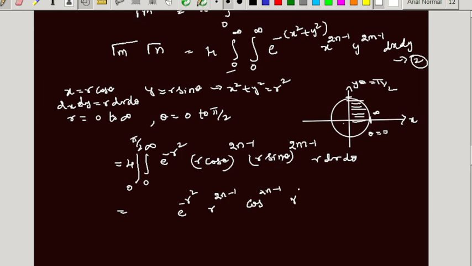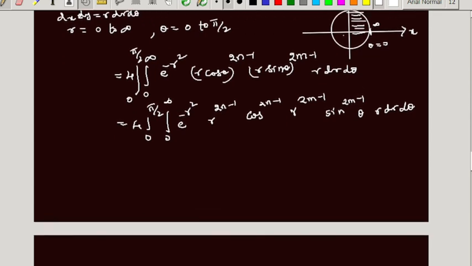Similarly, r power 2m minus 1 into sin power 2m minus 1 theta, r into dr into d theta. Here the limit is 4 times 0 to pi by 2, 0 to infinity.